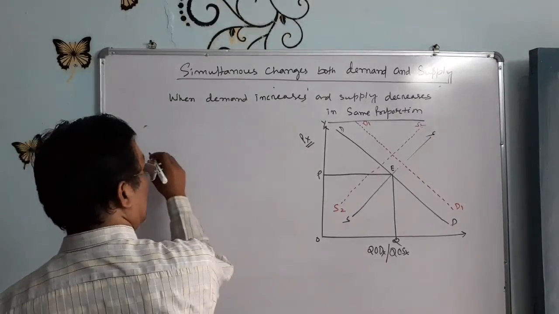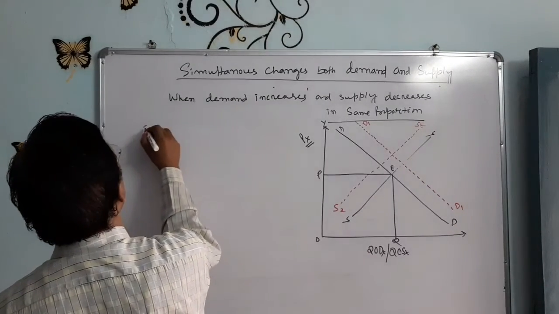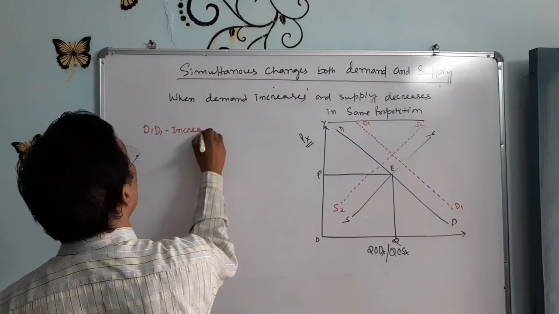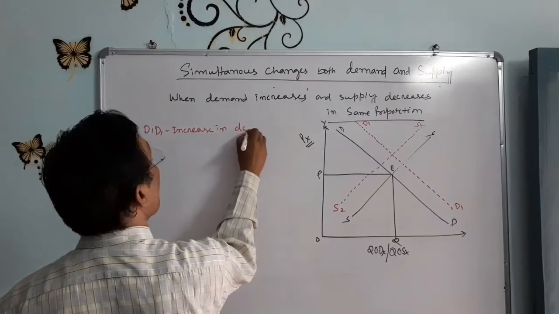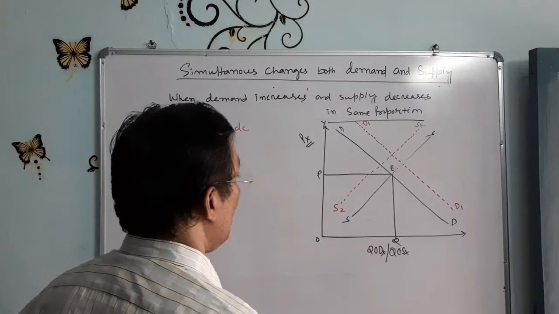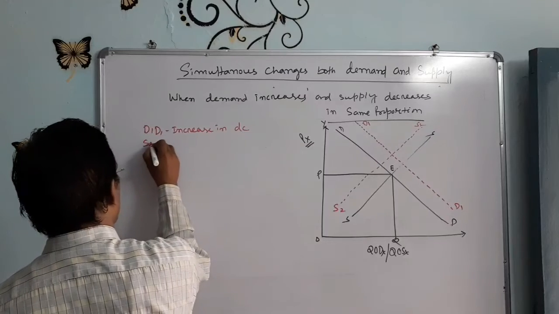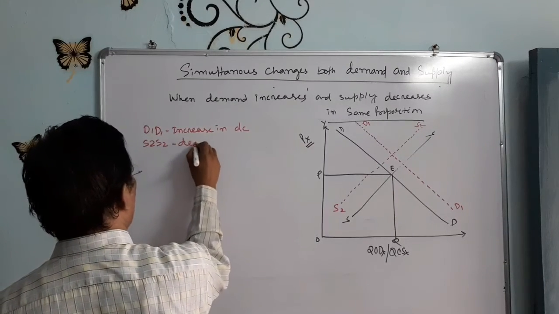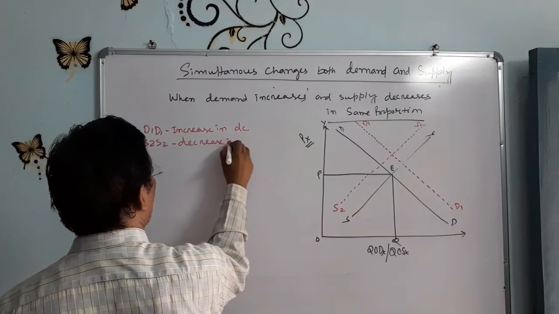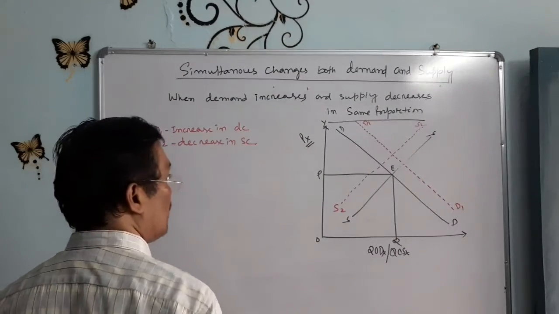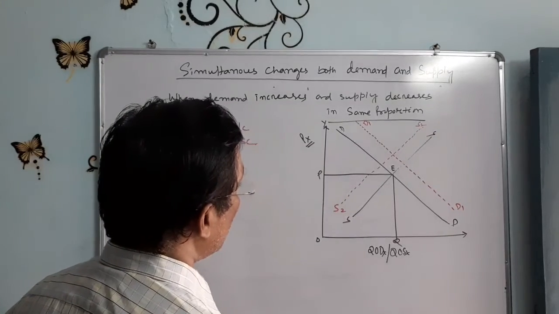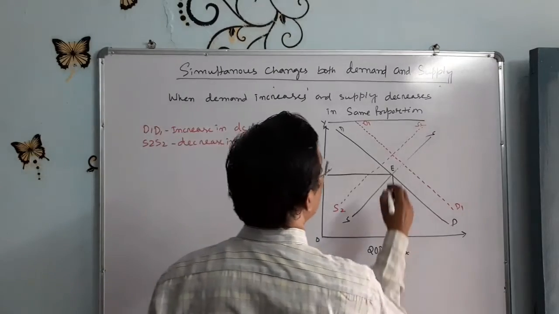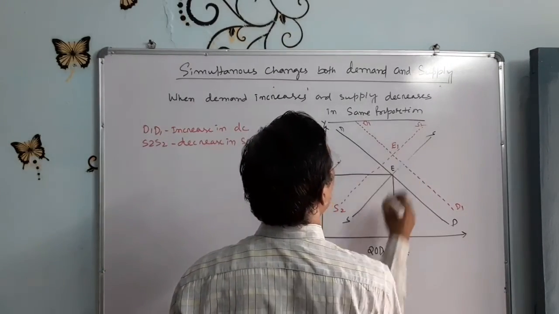Now I'll write here, D1 is the increase in demand curve and S2 is the decrease in supply curve. Clear? Both the increase in demand curve and decrease in supply curve intersect at the point E1.